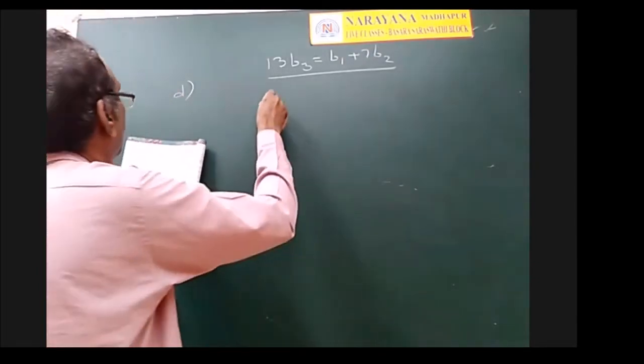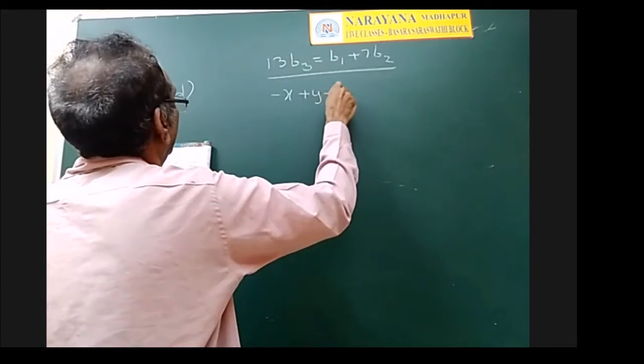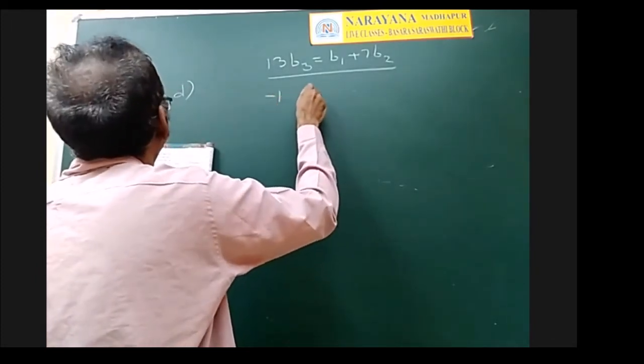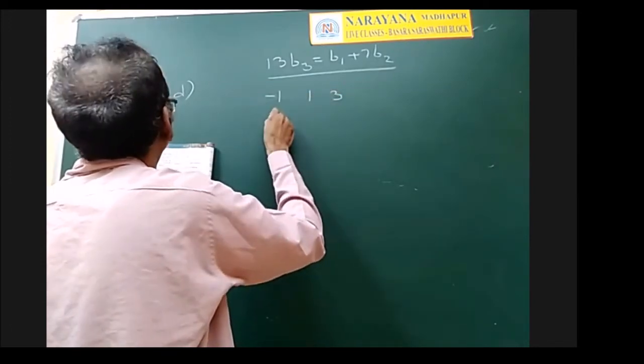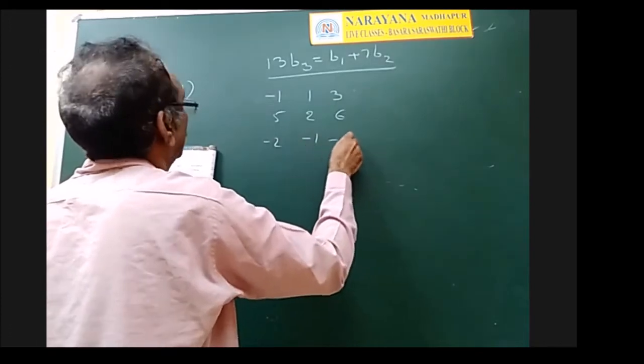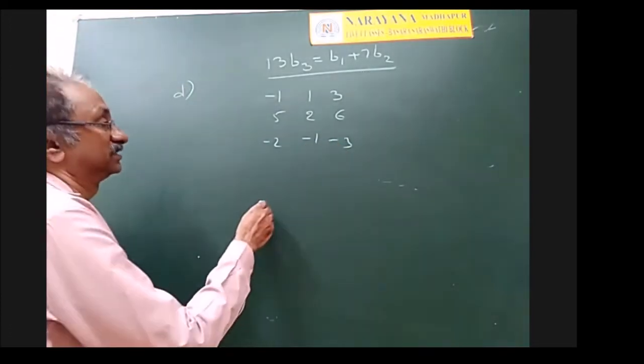See, first of all, the second one: minus x plus y plus 3z. I will write the coefficient matrix first: minus 1, 1, 3; 5, 2, 6; minus 2, minus 1, minus 3. Okay, so what is the determinant?